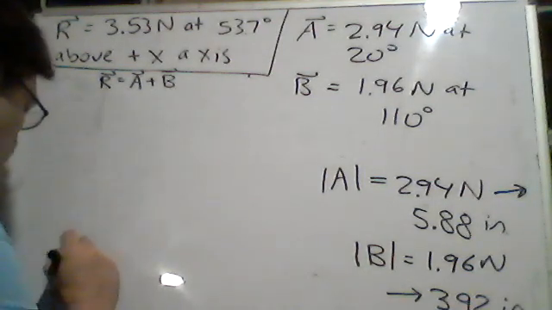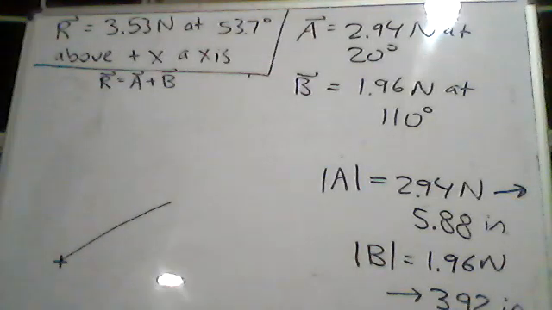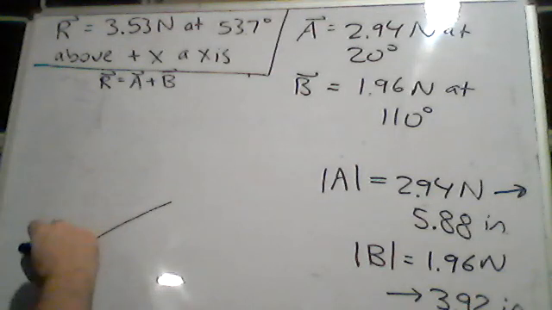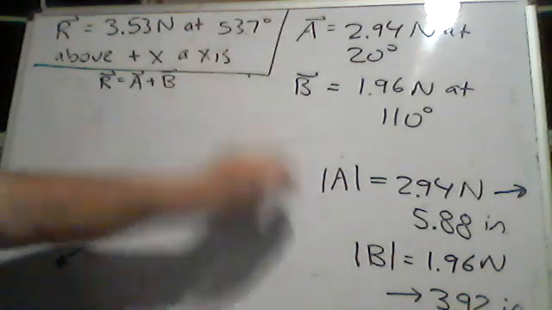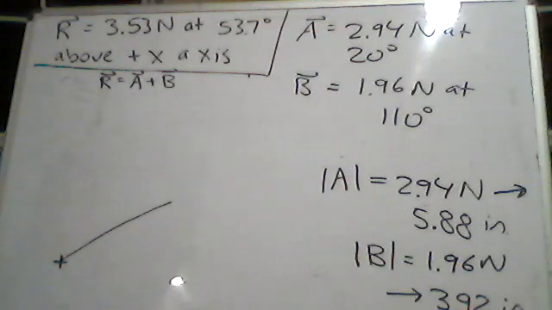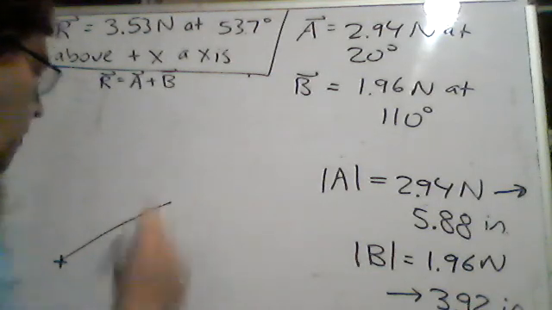I have very carefully drawn a line at 20 degrees, as close as you can to 5.88 inches. Remember, 5.88 inches, in our choice of a scale, corresponds to 2.94 newtons. Okay, that's your A. Now, we're going to do tip to tail.